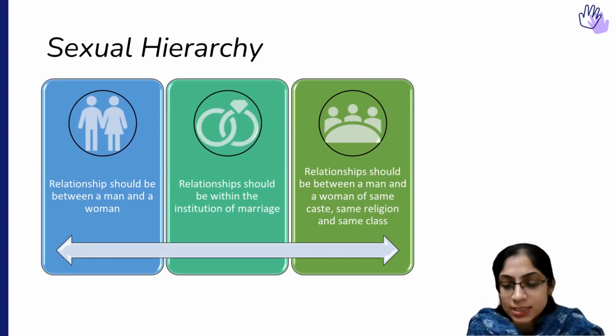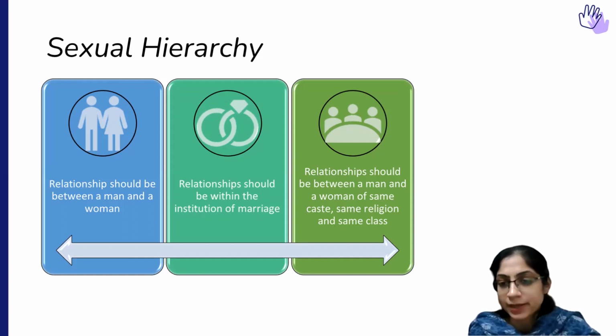So, it is a relationship between a man and a woman which is permissible by the society. Like, society allows it only after marriage, right? Actually, intimacy is only allowed between a man and a woman, that too post marriage, after they are married in a socially acceptable manner.